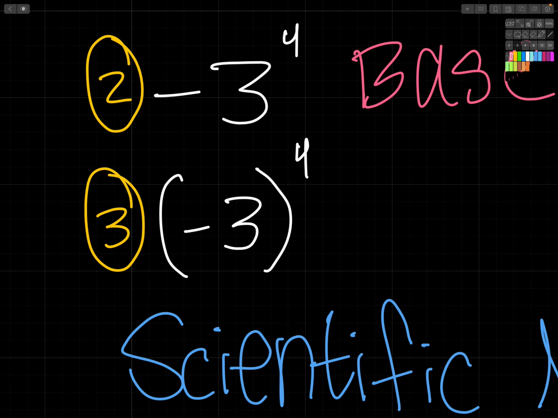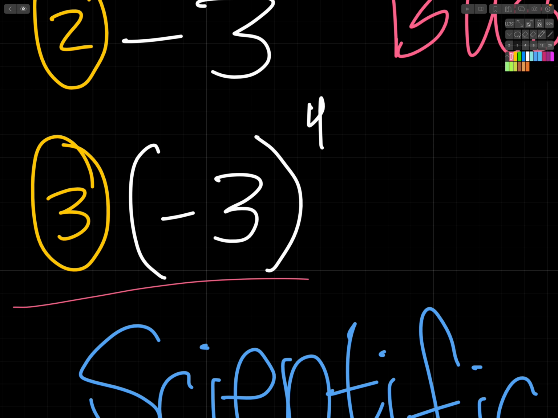But here, in number 3, now it's in BEDMAS, we do brackets first, and in the brackets, we're multiplying, right? So that's the first thing we do. So it's directly affecting the 3, aka the base. So this is a part of the base.